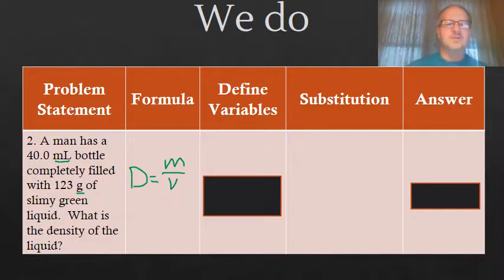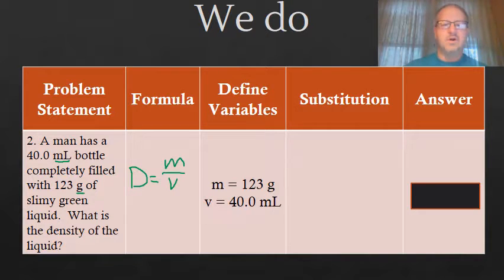So it actually works out to being the same. So our mass is the 123 grams and our volume is the milliliters. So you can leave it as milliliters, or you could write centimeters cubed in there if you wanted to. Either way is fine. So we do the substitution, and we'll just leave it with milliliters for now.